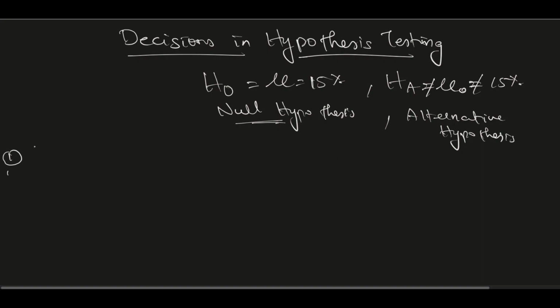So number one, let's say the null is true. That means this is correct, 15%, and even your test says it is 15%. You are also accepting this part.